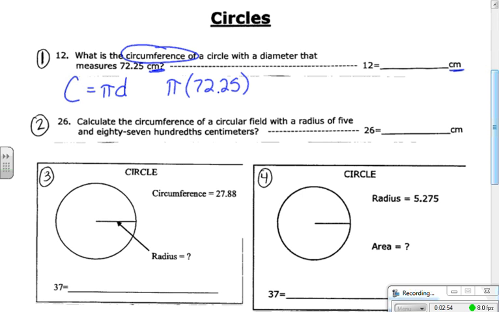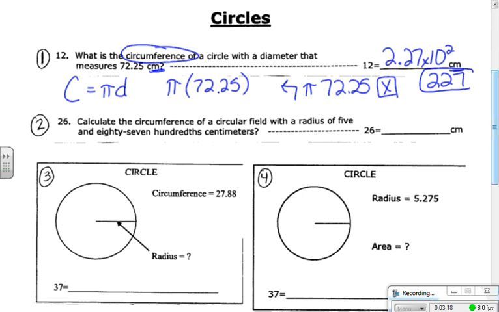If you're typing it into the HP calculator, you hit orange pi. It's on the cos button for cosine, but orange pi. Then you would do 72.25 and then hit the times key. And whenever you do that, you end up with 2.27 times 10 to the second power. If you move your decimal over twice, you also get an answer of 227.